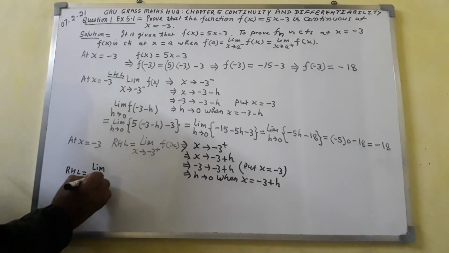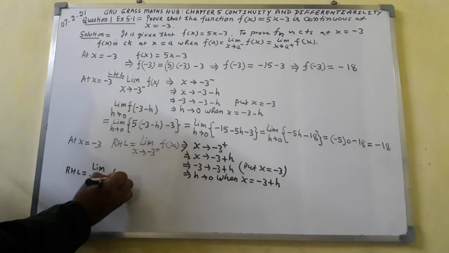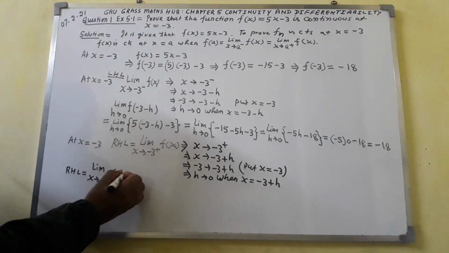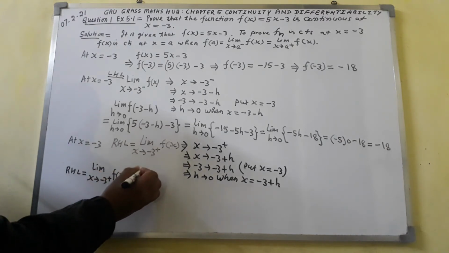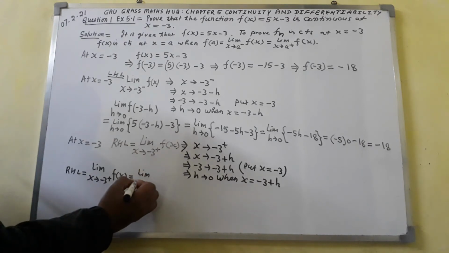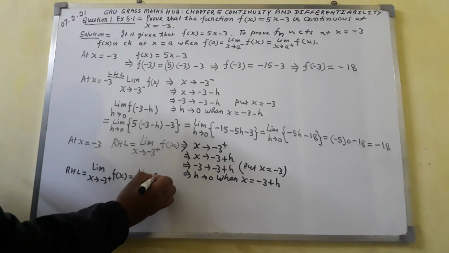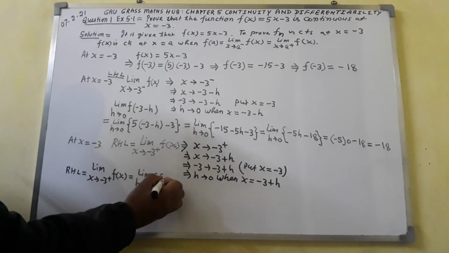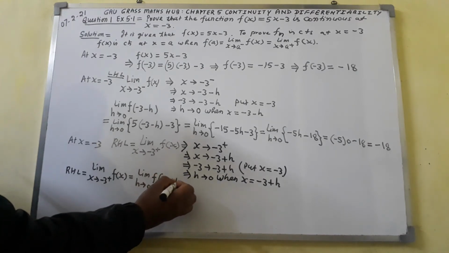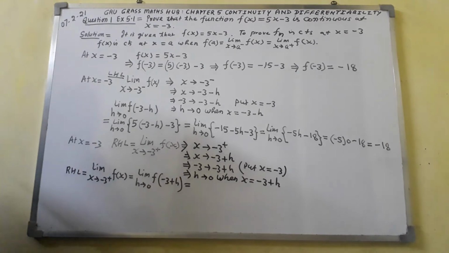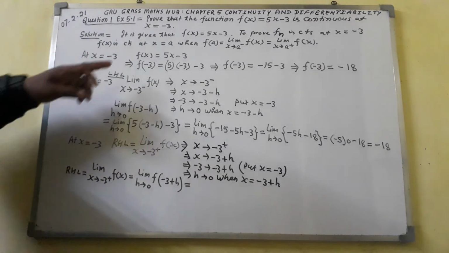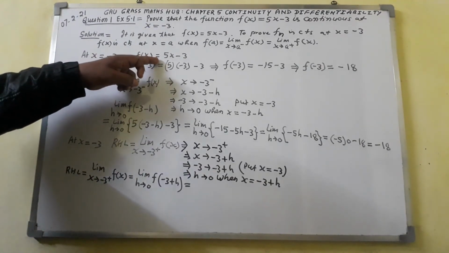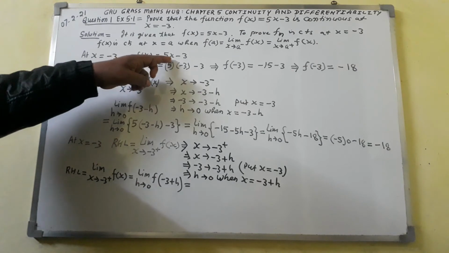lim x tends minus 3 of positive f of x comes out to be lim h tends 0 f of minus 3 plus h. Here you can see f of x equal to 5x minus 3.